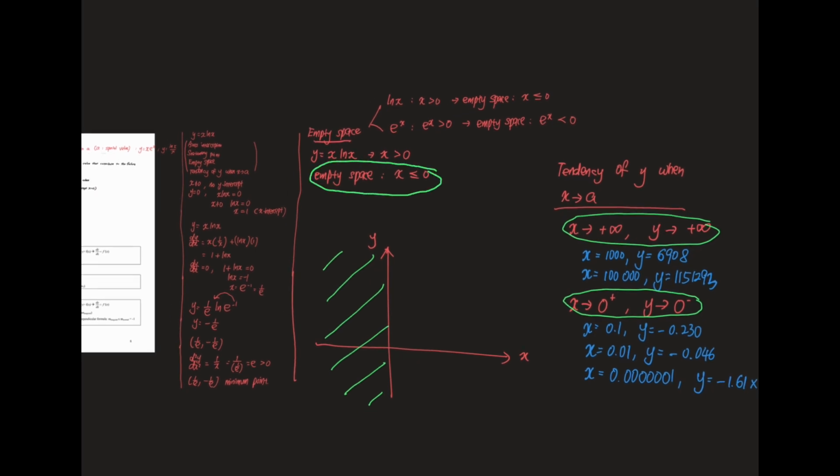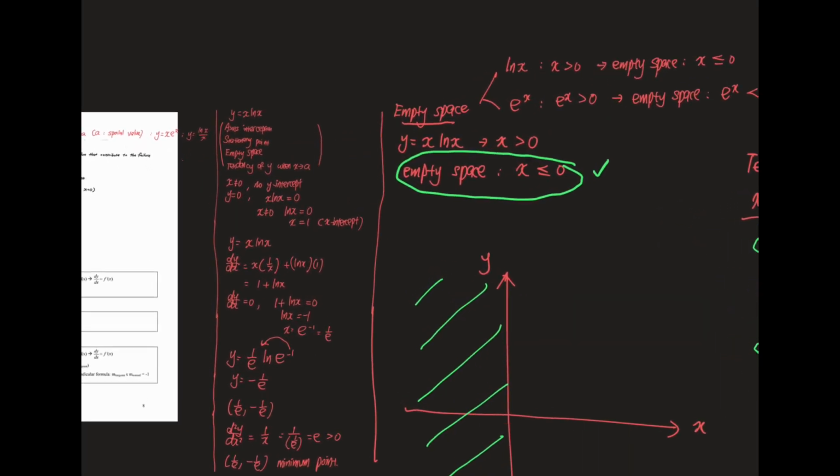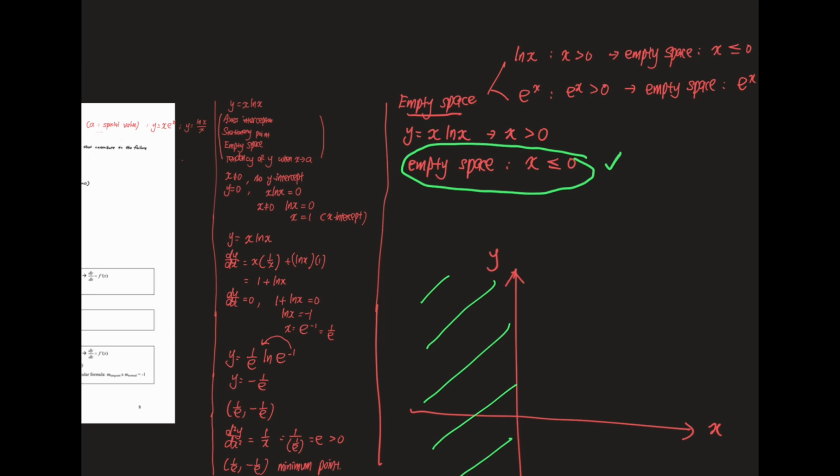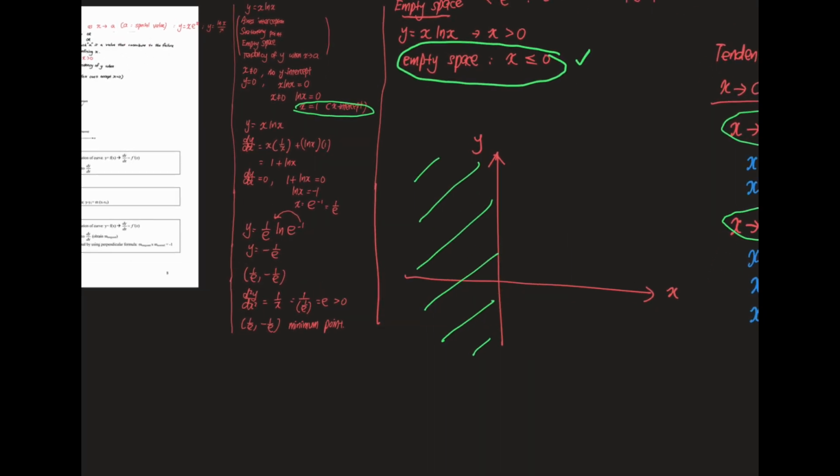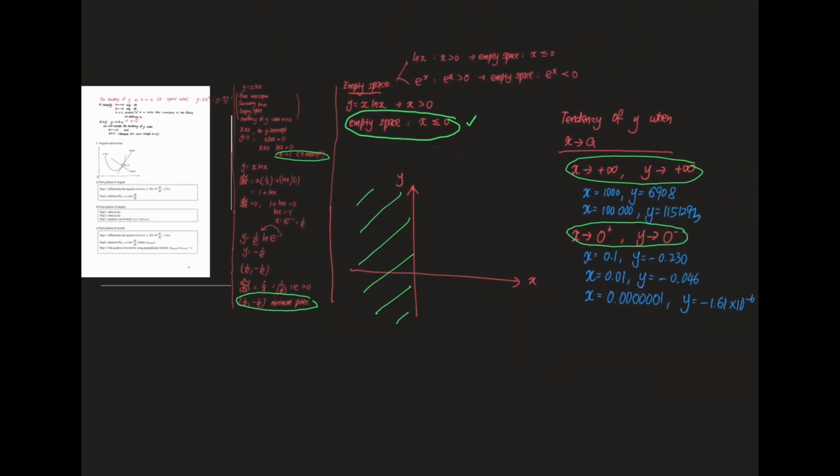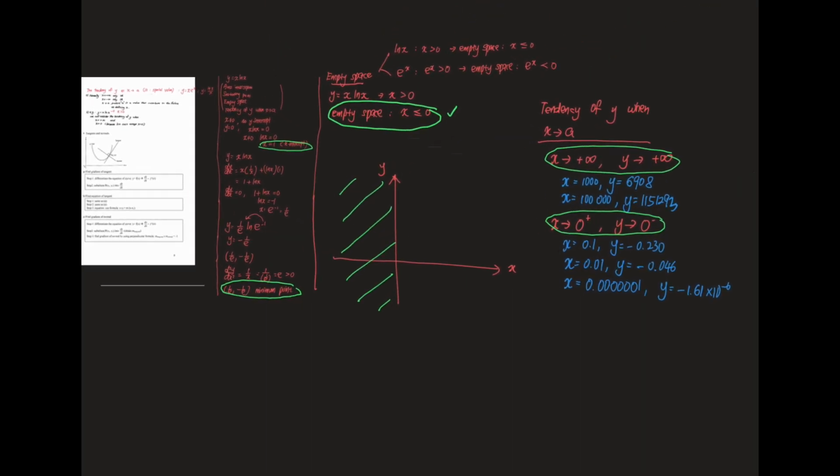As you can see, I shaded the green color region in the graph. Beside that, we also need to use the x-intercept and the minimum point. Okay, so now with all this information that we have, let's see how we sketch the graph. First of all, I'm going to put the minimum point.